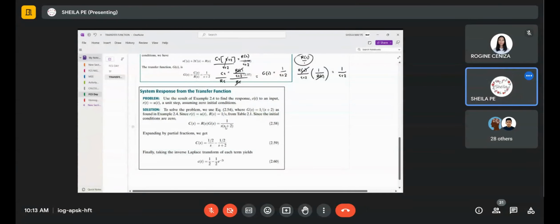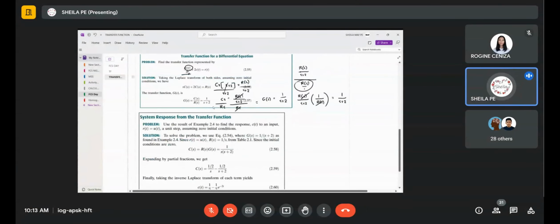To solve this, we already have the given G of S, which is 1 over S plus 2. Given R of t equals U of t, in Laplace transform, R of S equals 1 over S. That's the unit step. Our ramp is 1 over S squared, whereas impulse is just 1.